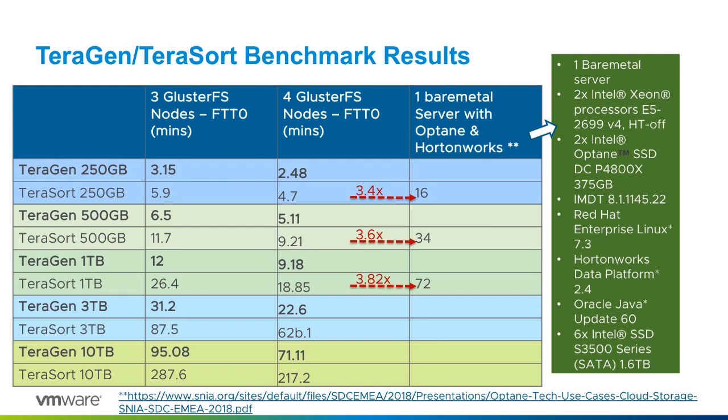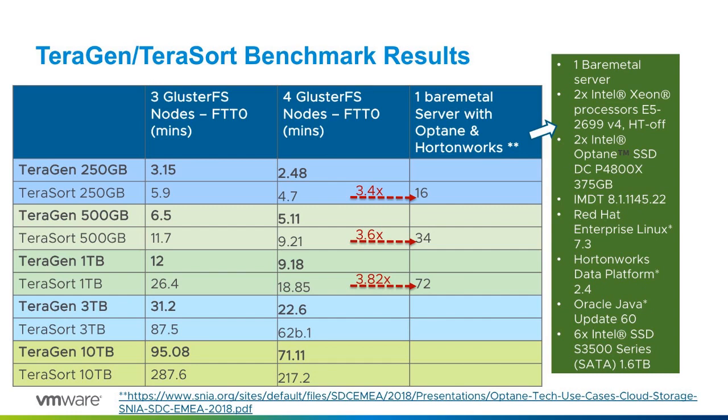Because it's bare metal, there is no virtualization, there is no VMware, there is no vSAN. So in this case, Intel Optane is used as an extended memory, not as an SSD disk for a cache layer, because there is no vSAN layer, so there is no cache layer here. Okay, so it is used as an extended memory.